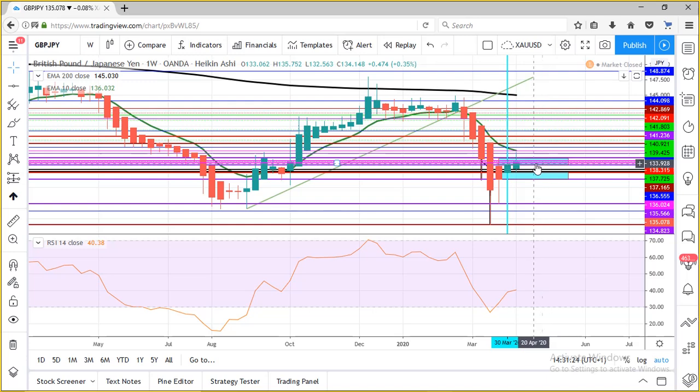Otherwise, I would have drawn another consolidation zone. The price just broke out of here, so I wouldn't want something to confuse us. So I want to leave it for now. We know that the price is actually moving upwards and not downwards. So let me go back to the daily candle.